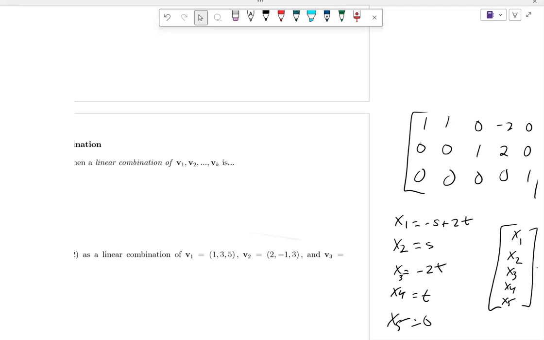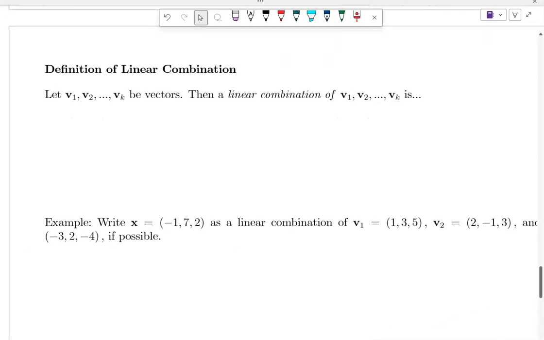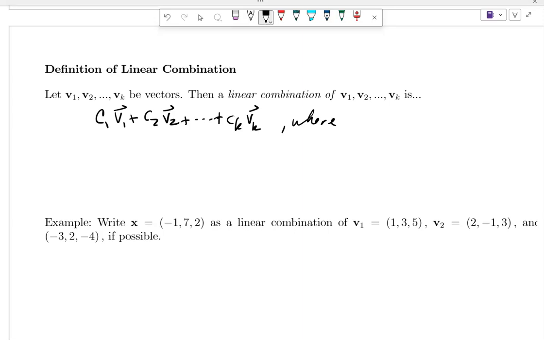So as far as the definition goes, when we have a linear combination of v1 out to vk, this is going to be c1 v1 plus c2 v2 plus ... plus ck vk, where each of your constants are, in this case, real numbers.